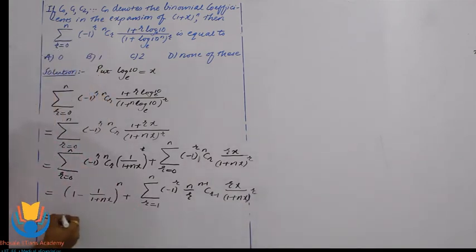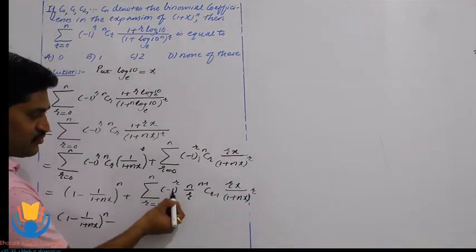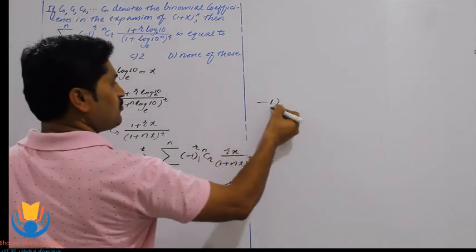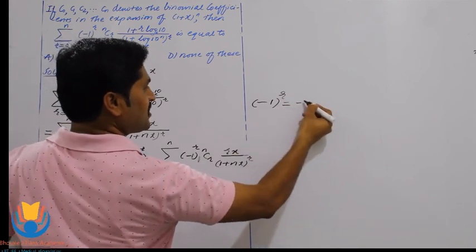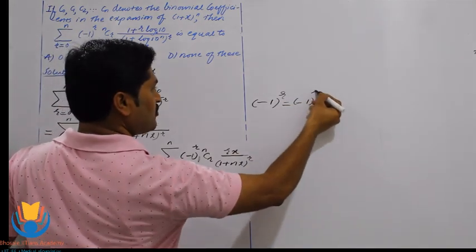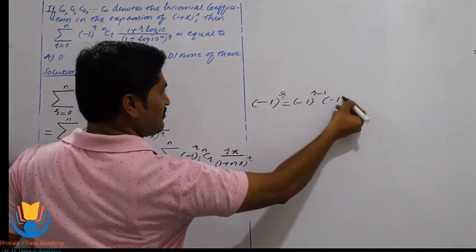Again we will make a small change. Let 1 minus 1 upon 1 plus nx whole raised to n be as it is. So now what we will do is we will take minus 1 common. So this minus 1 whole raised to r can be written as minus 1 whole raised to r minus 1 into minus 1 raised to 1.